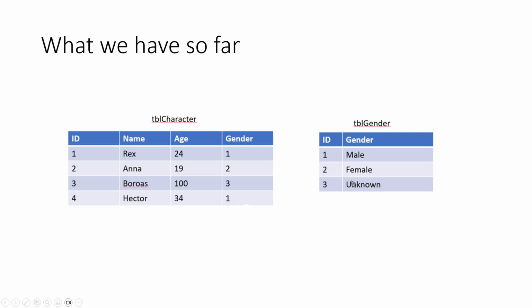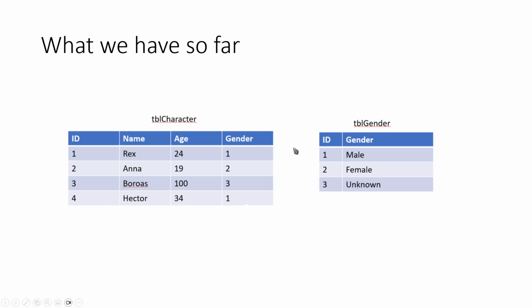Then in this table here we have the gender column, which is nvarchar, and none of these accept null. Okay, cool. So you were probably thinking, why have I got two tables when we could just store everything in one table? For example, I could just have this character table, get rid of this gender table, and store the real gender values in these fields here as opposed to the IDs.